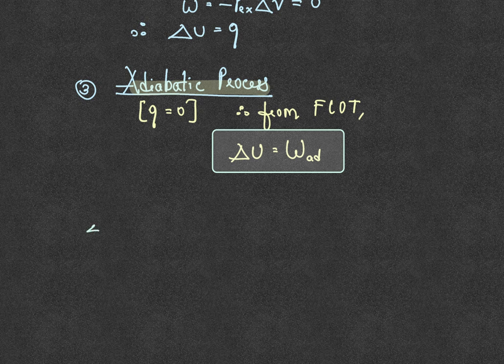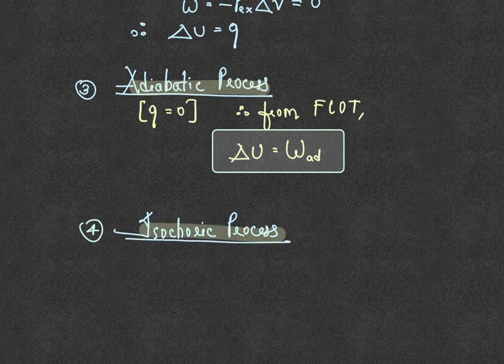The fourth part is isochoric process. This is a process in which volume of a gas will not change. Delta V is 0 for any isochoric process.